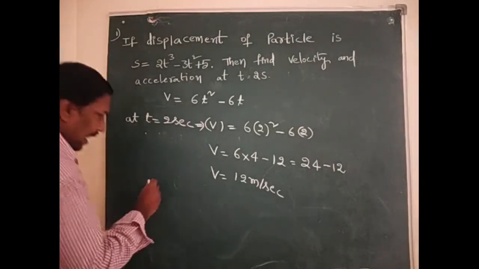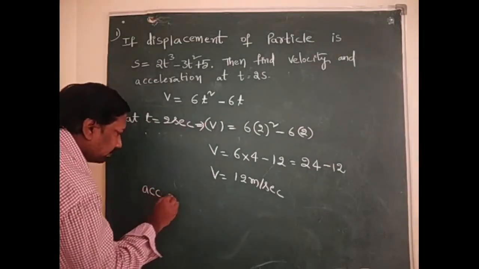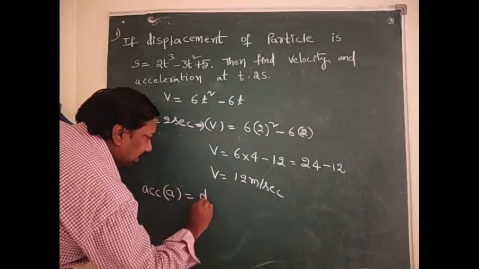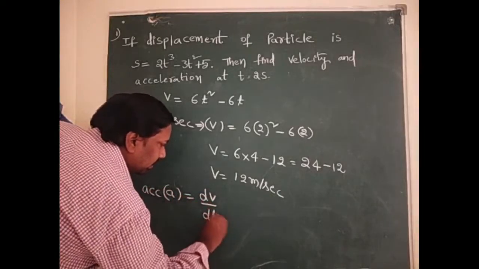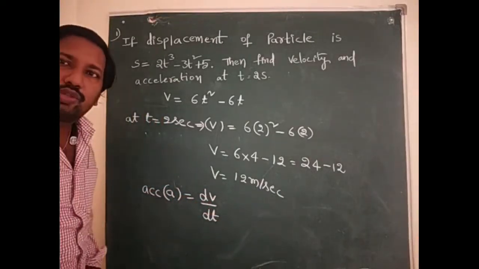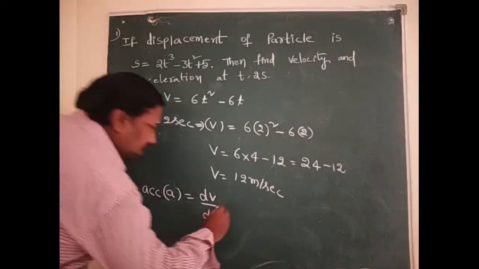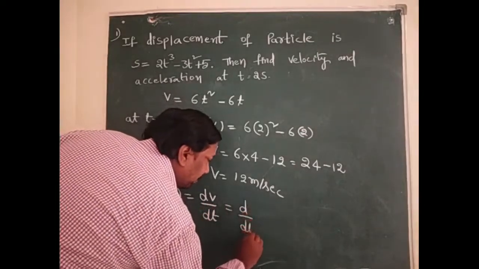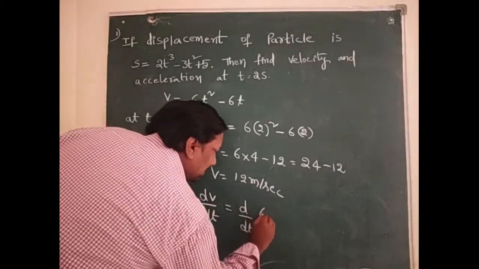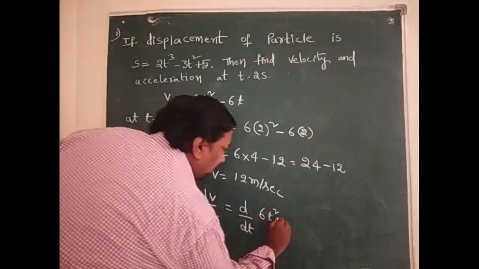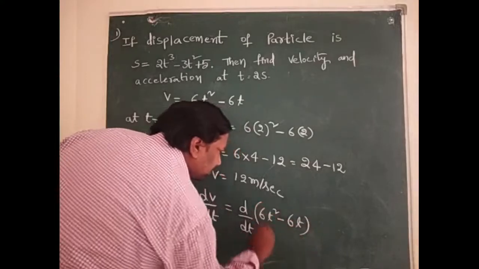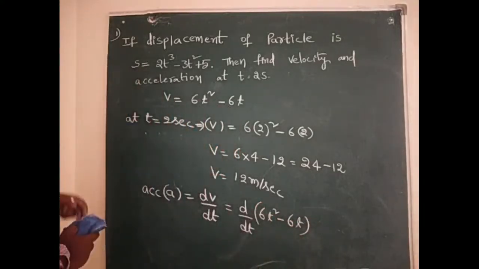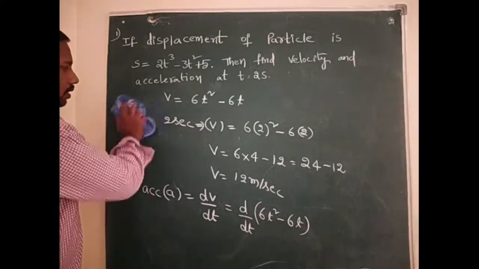So acceleration equals dv by dt. The rate of change of velocity is known as acceleration. So d by dt of velocity, which is 6t square minus 6t.